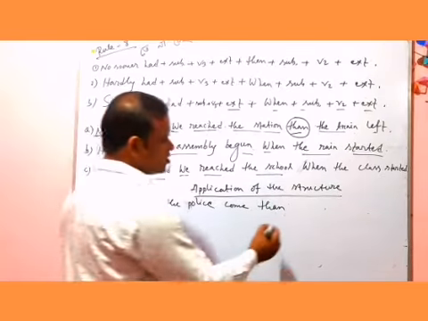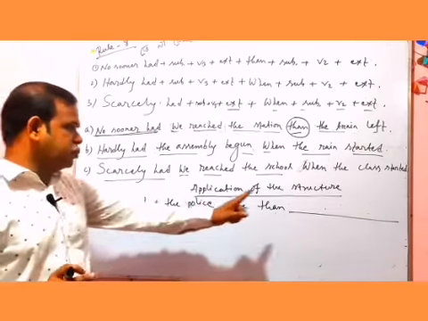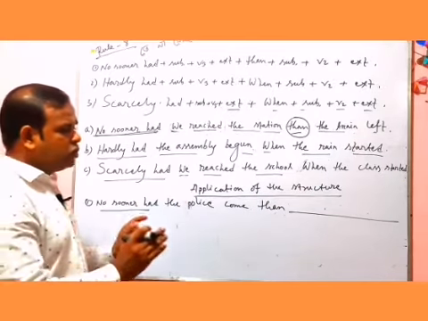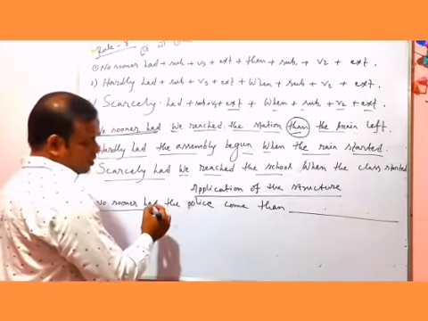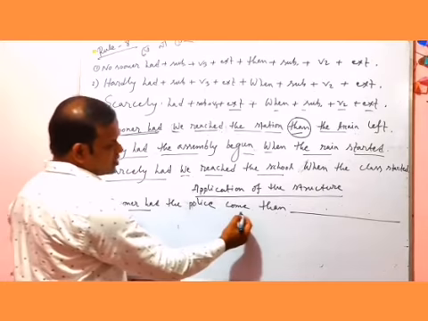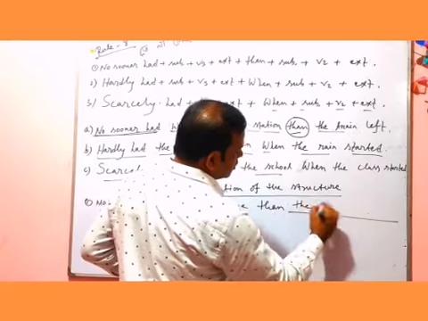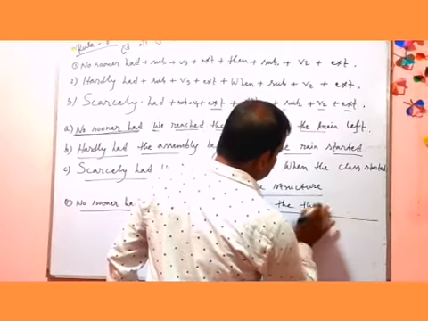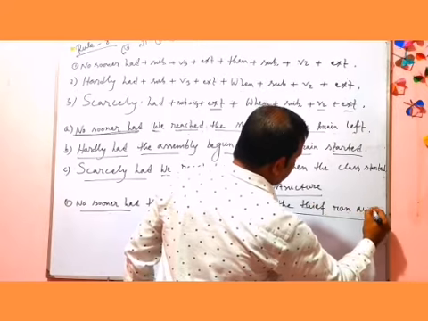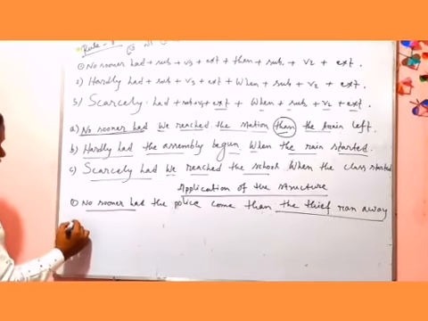What will be the next part? You must remember, you have to write this part based on this. You have to maintain the meaning with the previous part. No sooner had the police come, then what will be? The thief ran away.